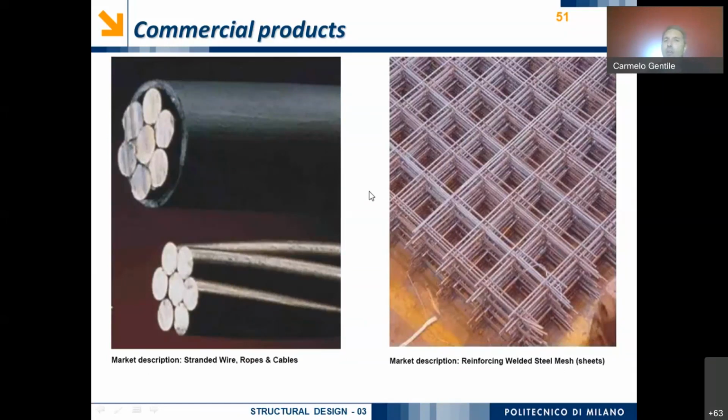So we can see that the industrial production includes a huge number of products, like, for example, the strands for ropes and cables in cable-stayed bridges or in prestressed concrete cables. Afterwards, there are the reinforced welded steel meshes, which are elements welded like this, including bars of quite small diameters, okay?